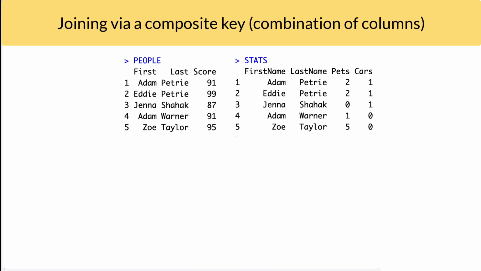Let's look at what both of these are. People contains information on 5 different people, their first and last name, and their score on some exam. Then we have a second data frame called stats, with first name and last name, and also the number of pets and the number of cars those individuals have.